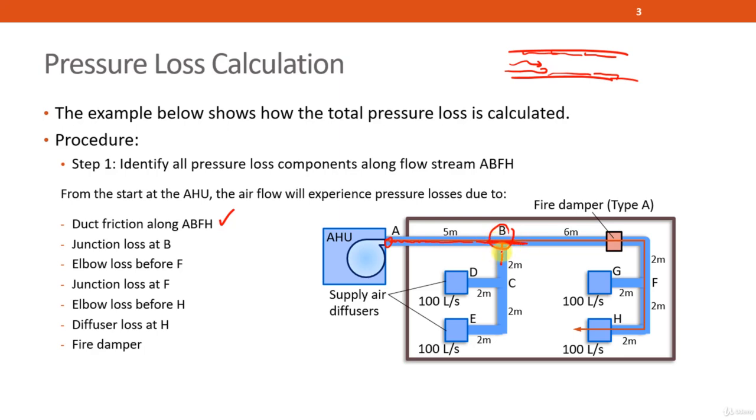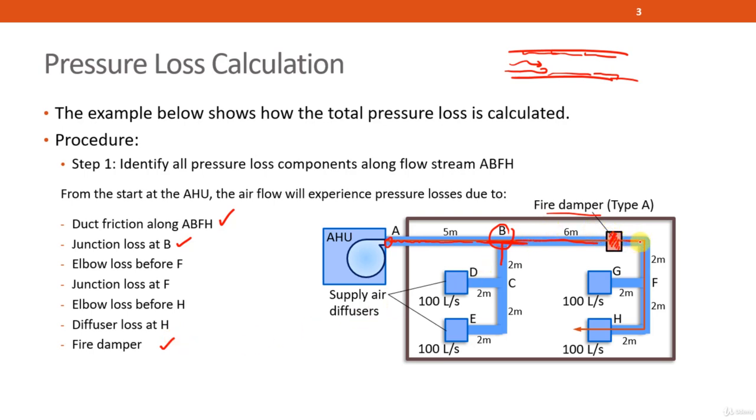So at this particular junction, there will be pressure loss. So the first one that we identified will be junction loss at point B. And when it continues to move forward, it will encounter the next component that contributes to pressure loss, and that is the fire damper. So the fire damper will contribute to some amount of pressure loss.